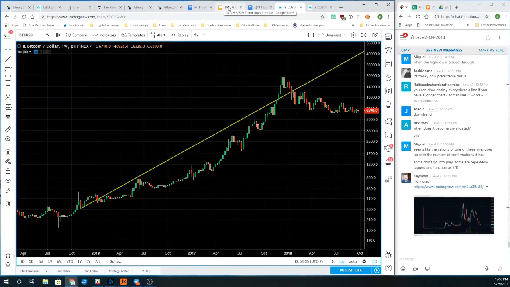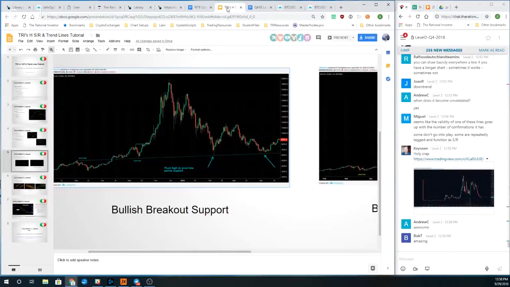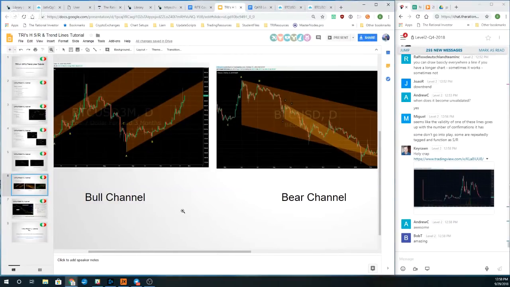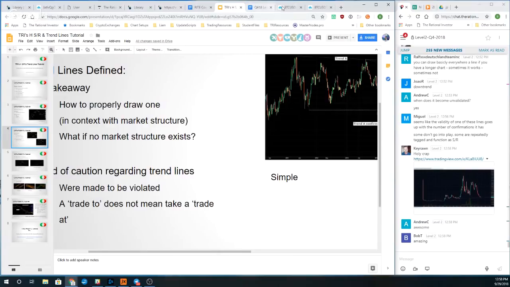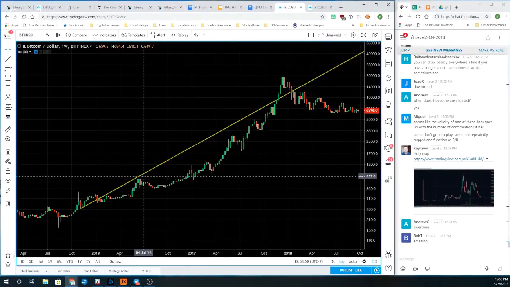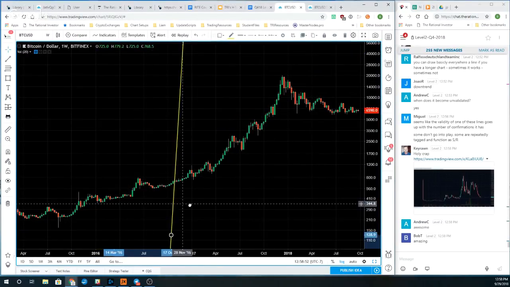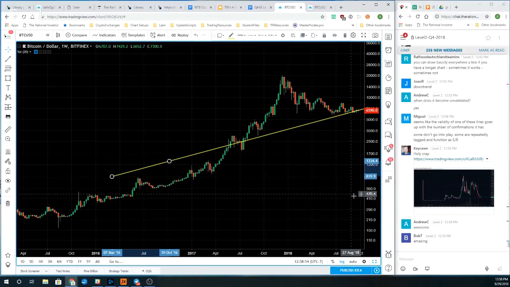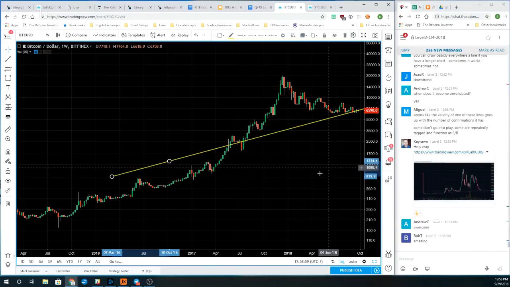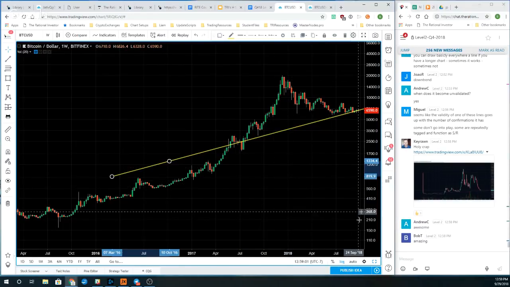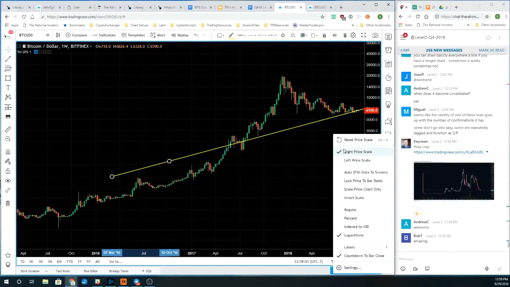Okay, so next concept, next application of trend lines. We want to talk to you about channels. So, sort of backtracking a little bit and talking about drawing your valid trend line. Remember, everybody, we said, let's see if anybody is paying attention here, that a trend line is validated by what?